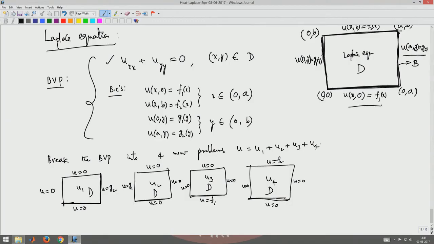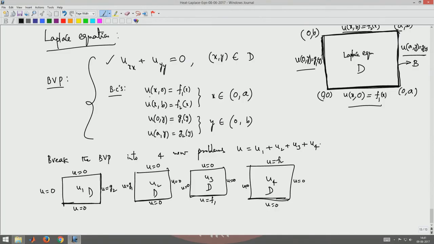Similarly, here if you apply, 0, 0, 0 and f2. And on this side you can see 0, g1, 0, 0. So this is how all the boundary conditions are.